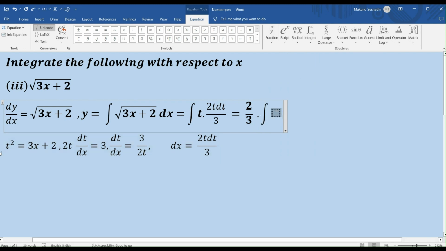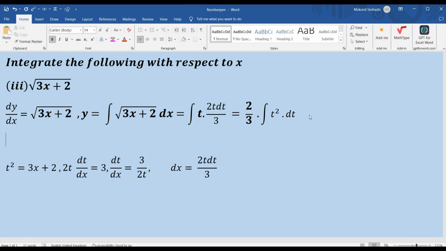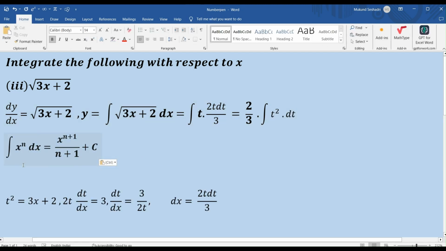And I'm pretty much familiar with this from a formula which I learned under the topic of differential calculus. And what is that? I'm going to put it in the next line. This is it, right? So integral of x to the power n dx is equal to x to the power n plus 1 divided by n plus 1 plus c, right?